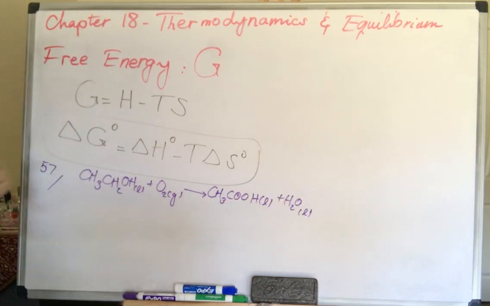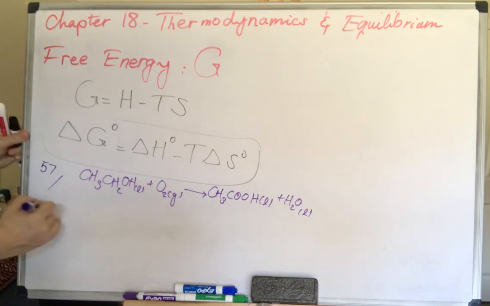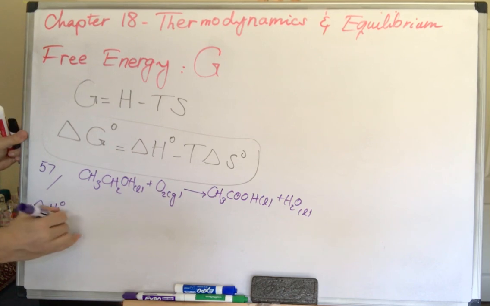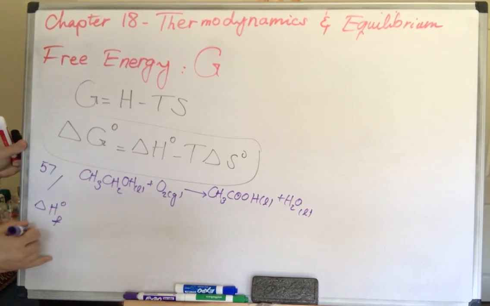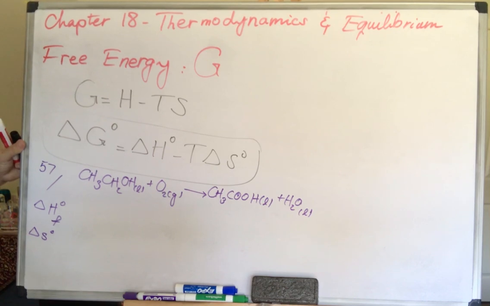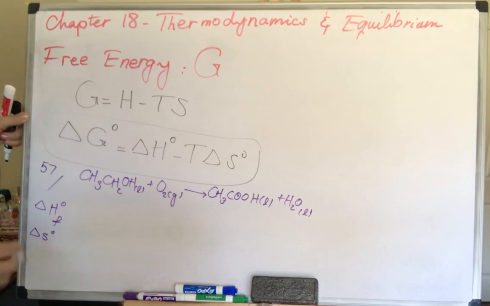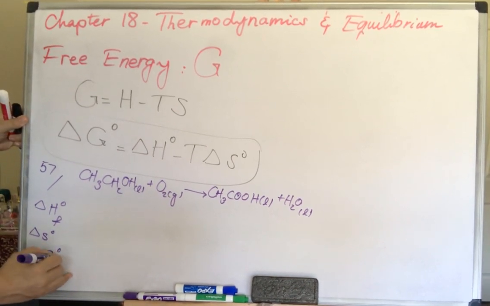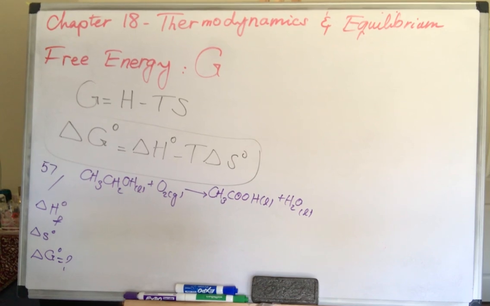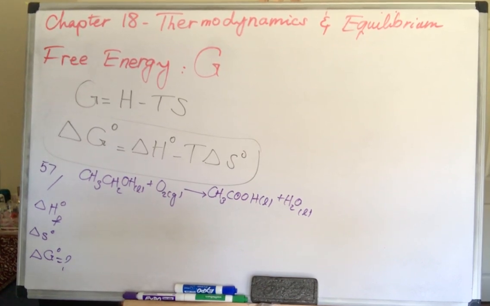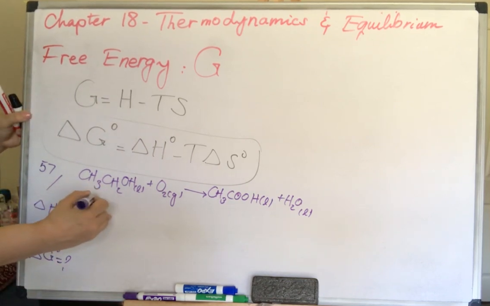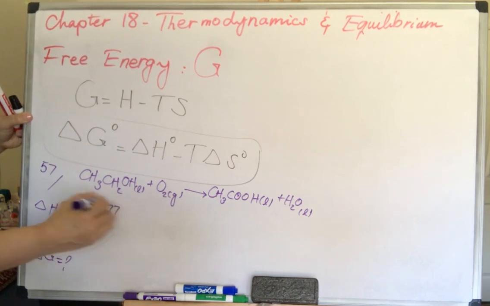Let's see what the question is asking. Using standard enthalpies of formation, delta H formations, which will be given if you need to work with them, and delta S standard values from the previous problem, calculate delta G standard for this reaction. So delta H standard formation for ethanol is minus 277.